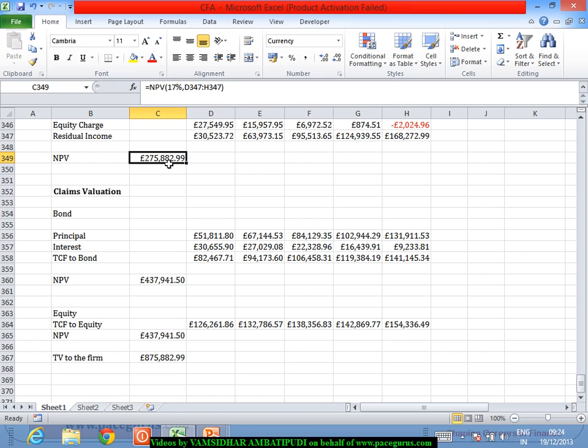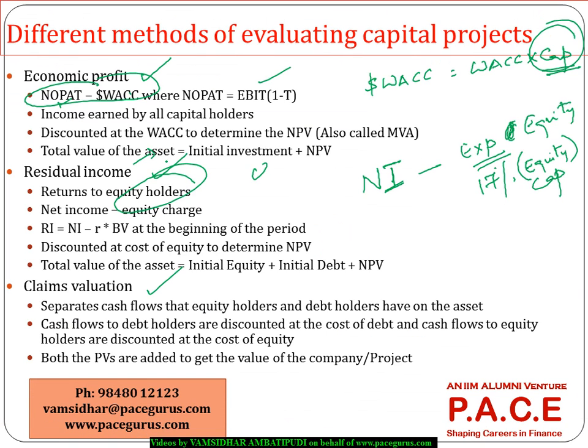Right? So these are the various basic mathematical calculations that are involved as far as the evaluation of capital projects is concerned. I hope you got a good understanding of these mechanisms. You can practice with the spreadsheets that I have, and you can understand the process well with the spreadsheet example which I have taken.